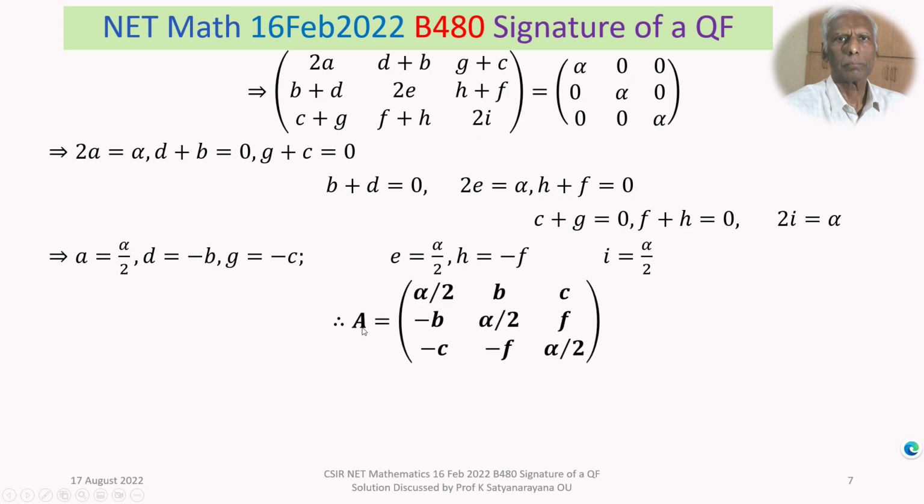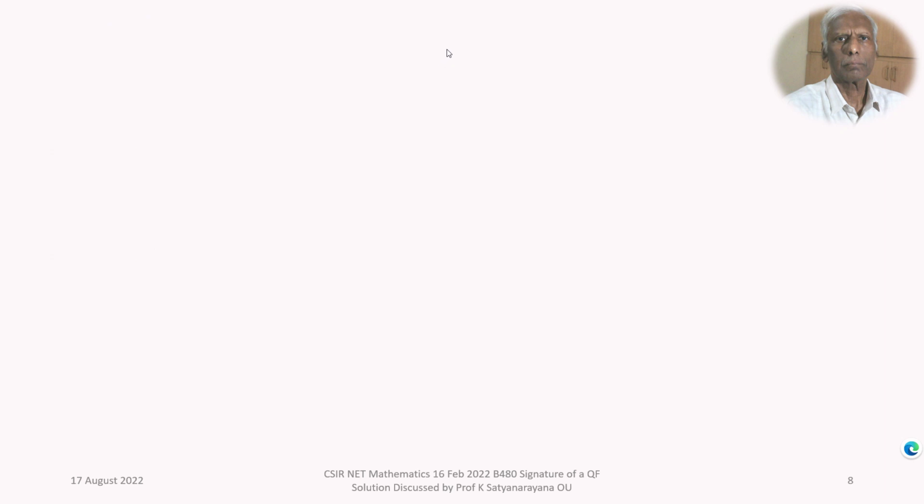And therefore the matrix A is equal to [alpha by 2, b, c; d, alpha by 2, -b; e, h, alpha by 2], and accordingly we have kept these things, right? So we got capital A, the matrix. Let's continue in the next slide.